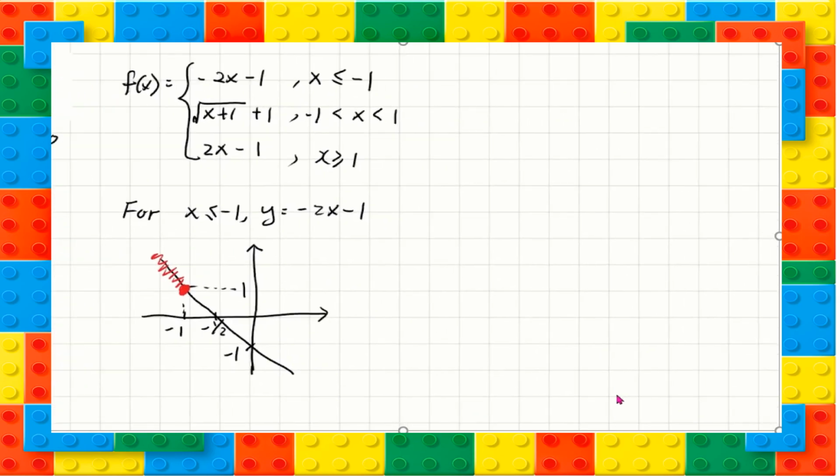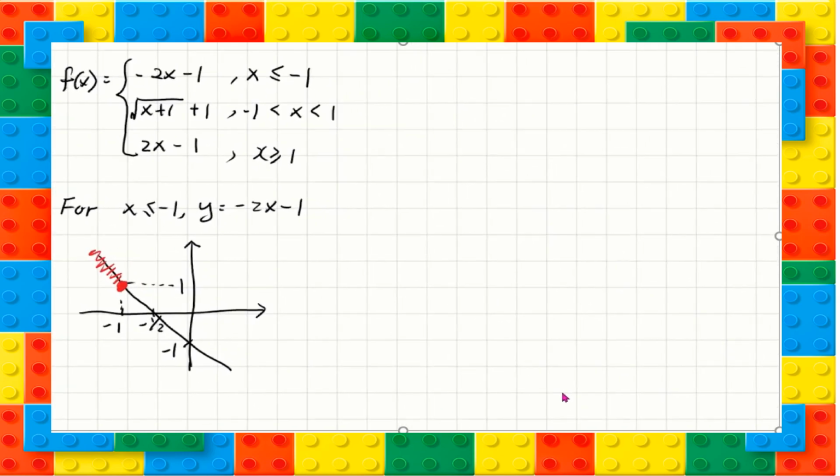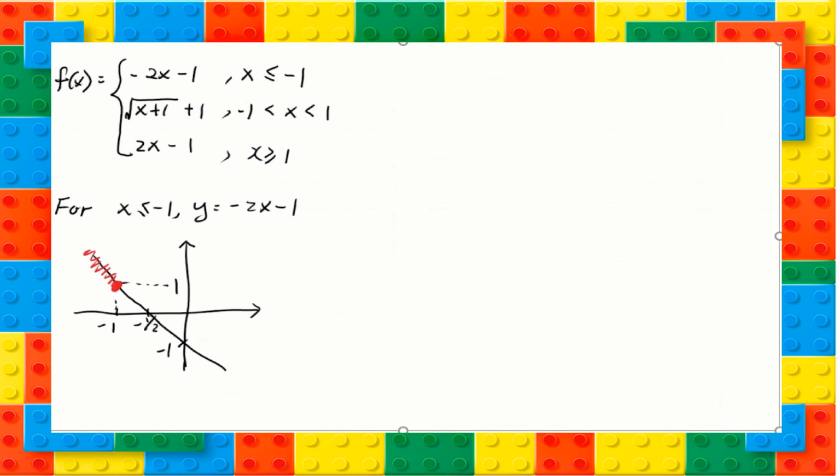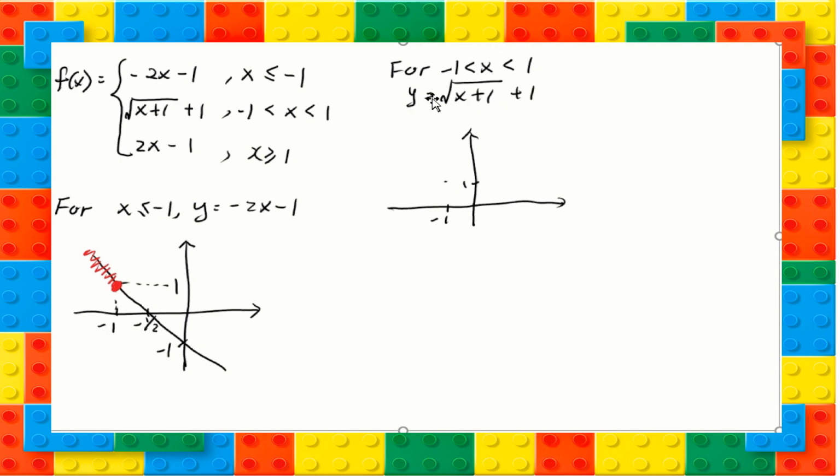So this is the region that we are going to take. Now for the second graph, where x is from -1 up to +1, this is for y equals square root of x plus 1 plus 1. This is the square root function. To sketch this graph, we can use the transformation method that we have learned, where the curve is shifted to the left by 1 unit and shifted upward by 1 unit.